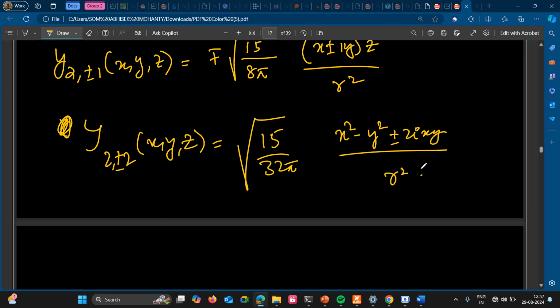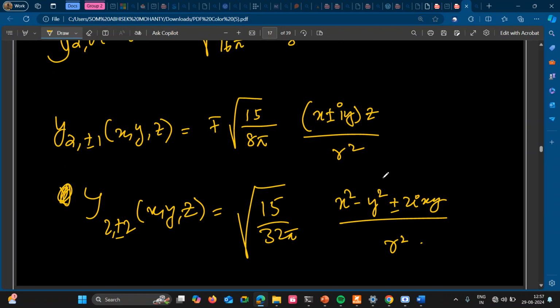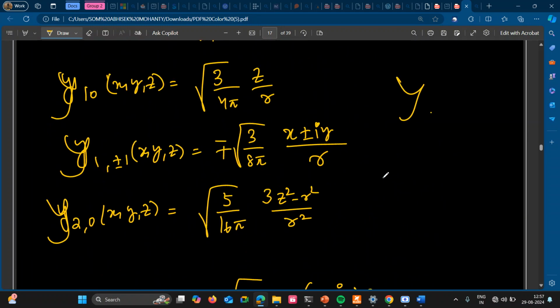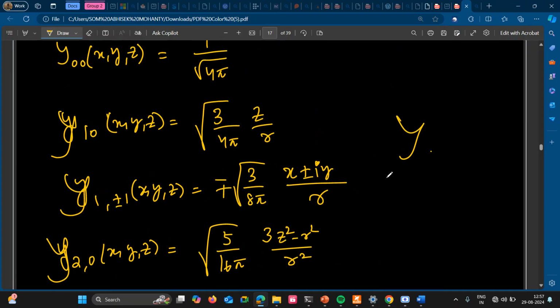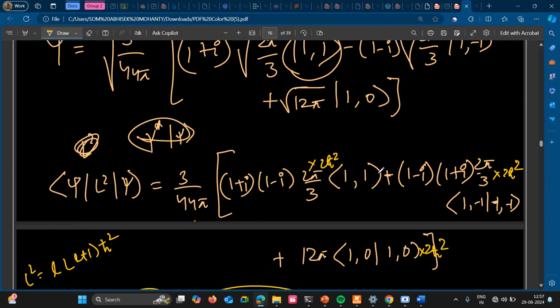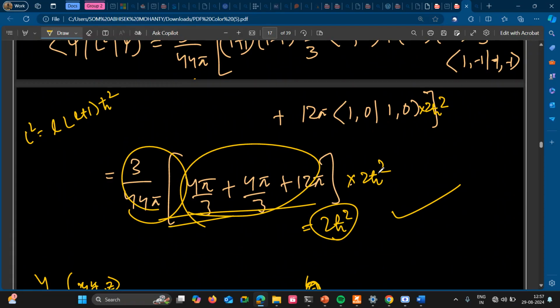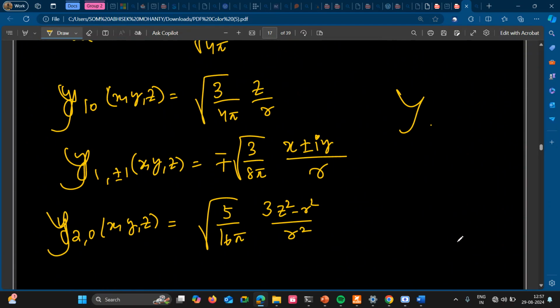So these are the spherical harmonics we have to remember. Otherwise, we won't be able to solve these questions. So this was only one question till now. Next question. Question number two.